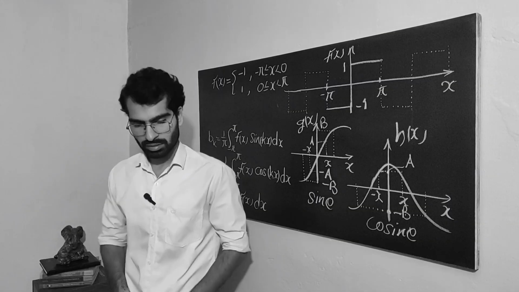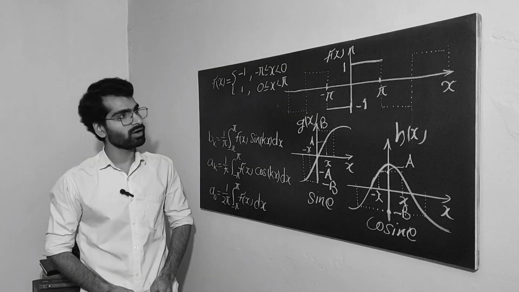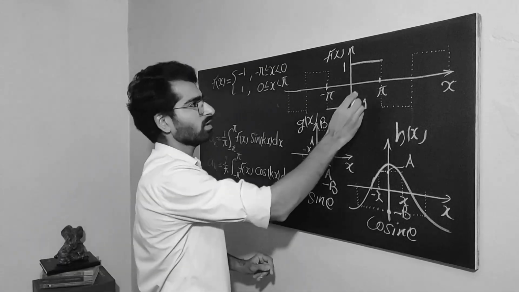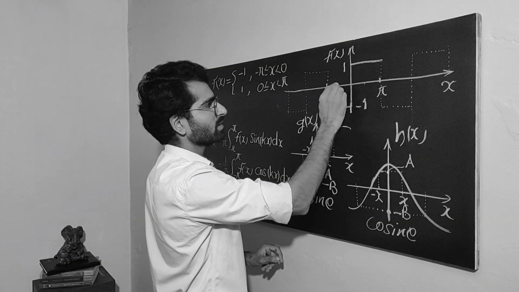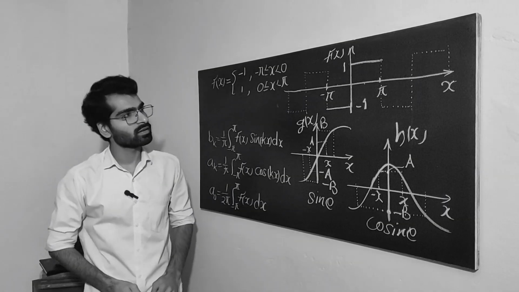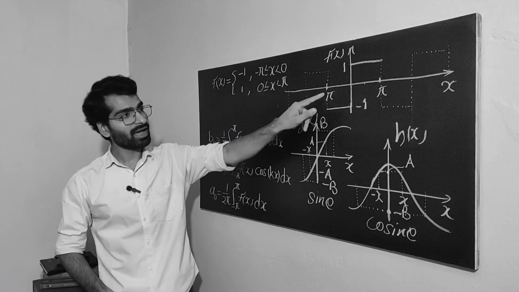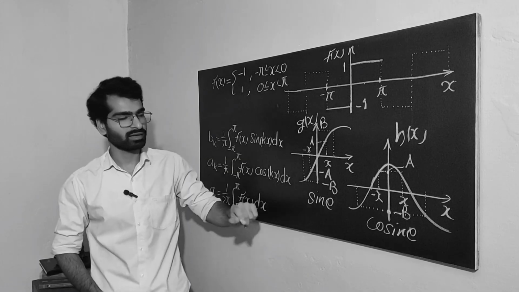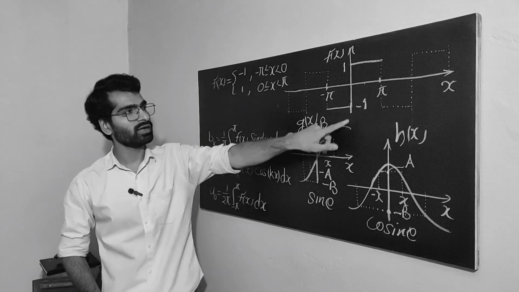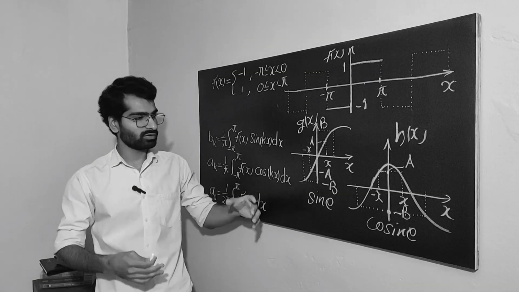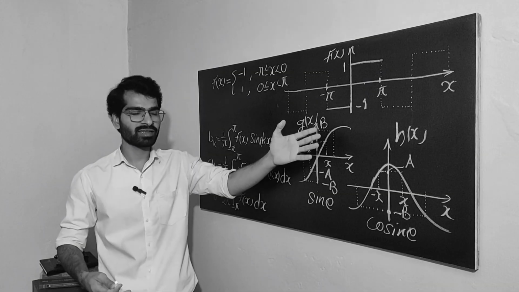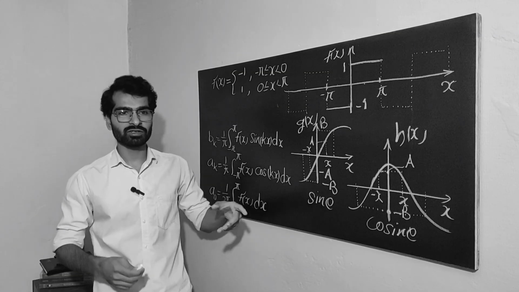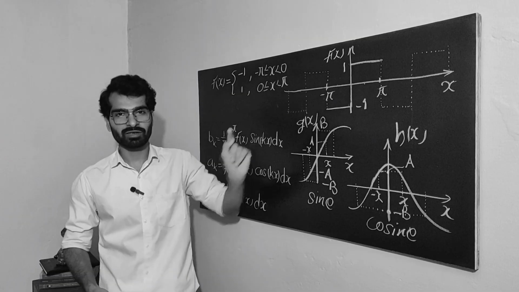So what's the use of them? Since our square function is odd, look, at this point it's plus 1, and at this point it's minus 1, so it's odd. When I write its Fourier series, only sine waves are going to participate, because sine waves are odd and this function is odd. An odd function can construct another odd function. So sine waves are going to construct this square function.